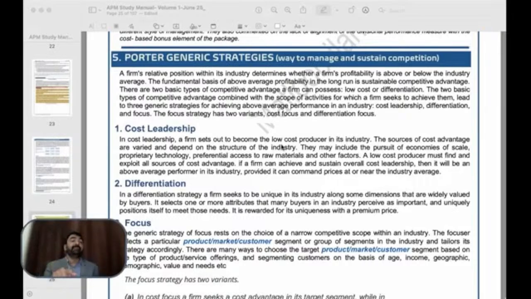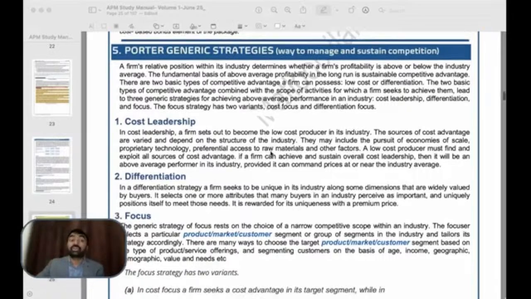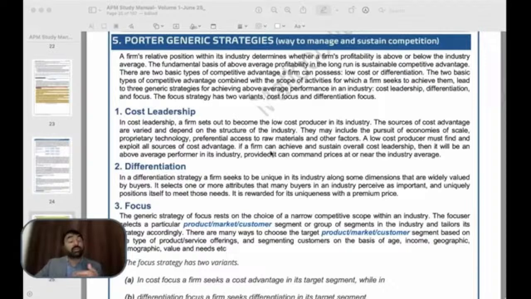But at APM level, its application is different. Here at APM level, you need to study this model in the context of designing suitable performance management and measurement systems.